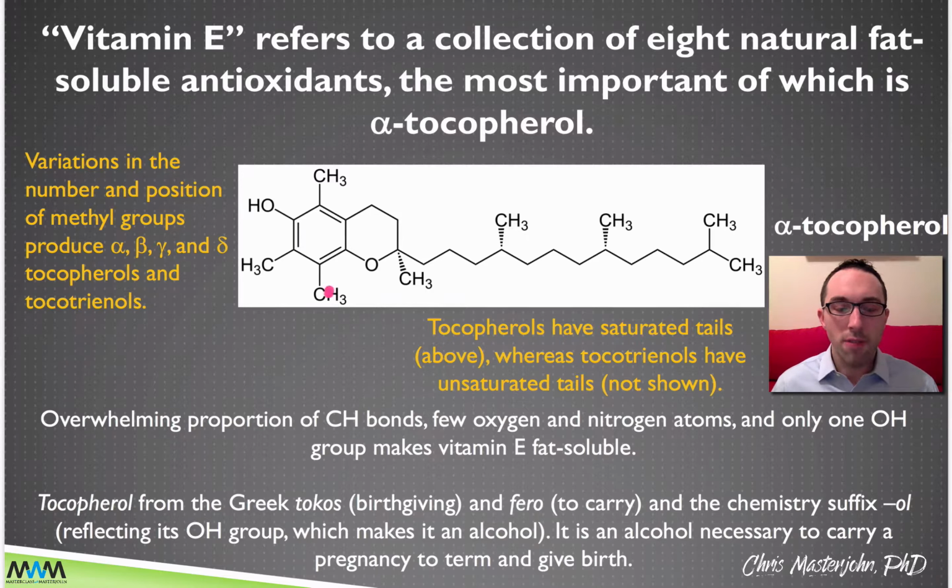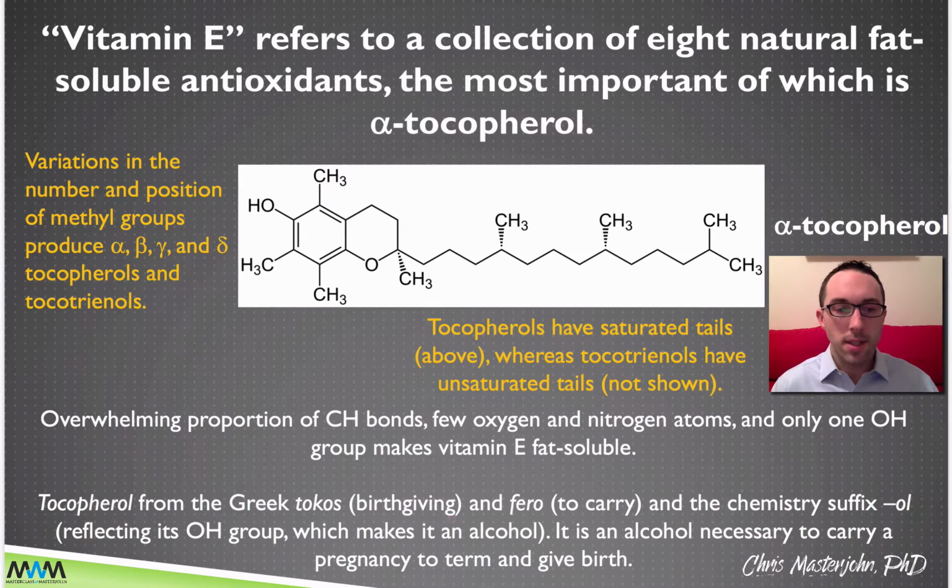The name tocopherol comes from the Greek tokos, meaning birth-giving, phero, to carry, and the suffix -ol, which means it's an alcohol. In chemistry, anything that has a hydroxyl group, OH, is an alcohol. And so the name tocopherol means an alcohol that helps a mother carry a pregnancy to term and give birth.